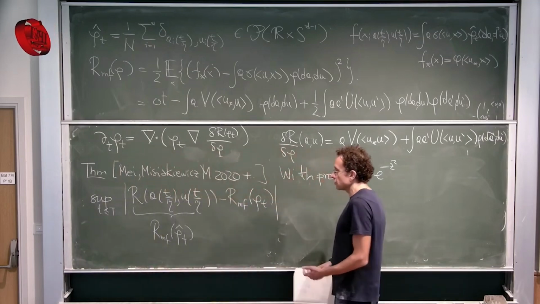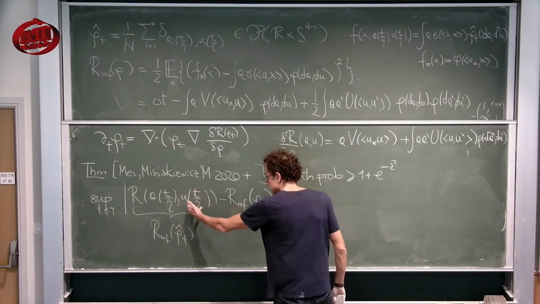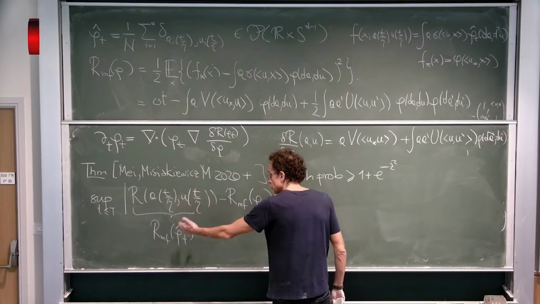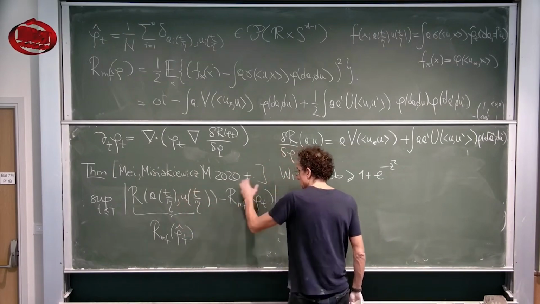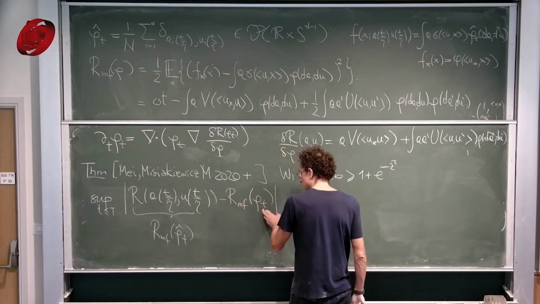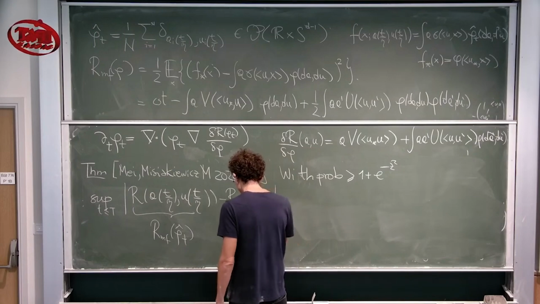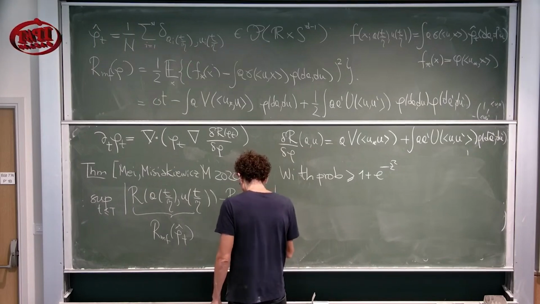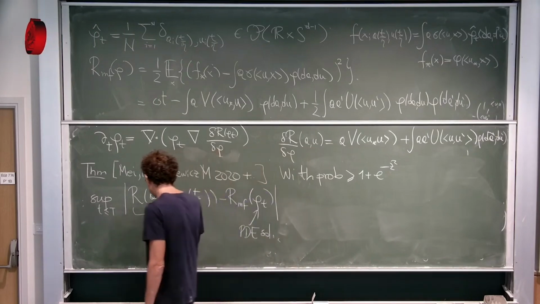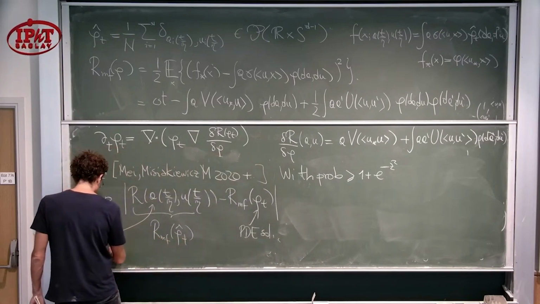So look at the risk for your SGD, subtract the mean field risk evaluated at the SGD step; look at the test error, subtract the mean field risk evaluated at the solution of the PDE. This is the PDE solution, and this is the SGD solution.